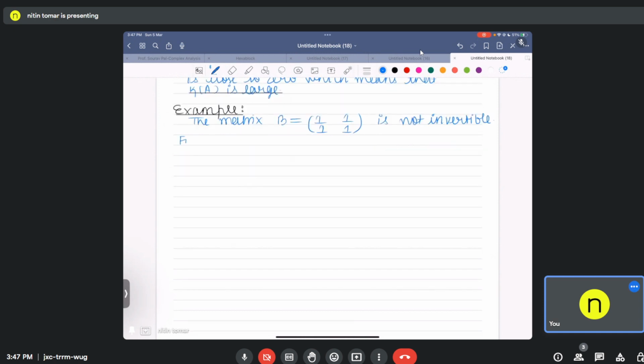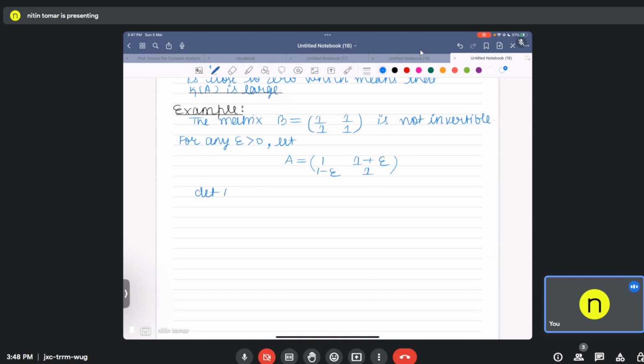Now, for any epsilon greater than 0, you define this A: 1 minus epsilon, 1 plus epsilon, 1 minus epsilon, and 1. Now is it invertible? Yes, sir. Why?